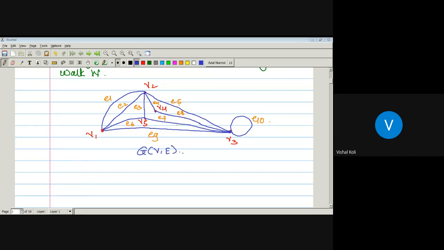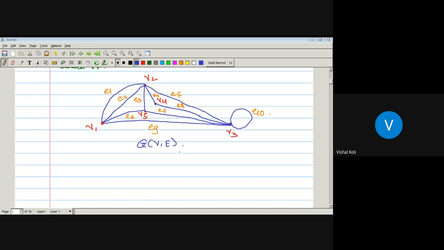Okay, now here we have to find out the walks of the corresponding graph G. Suppose W1 is a walk which is nothing but V1, E1, V2, E5, V3, E10, V3, E5, V2, E3, and V5. One more walk is there.